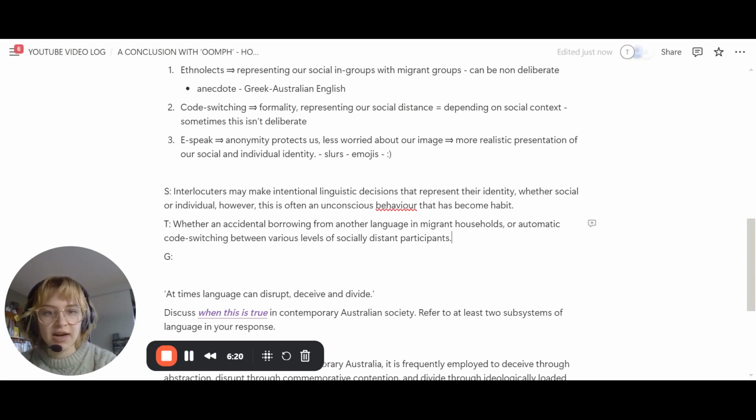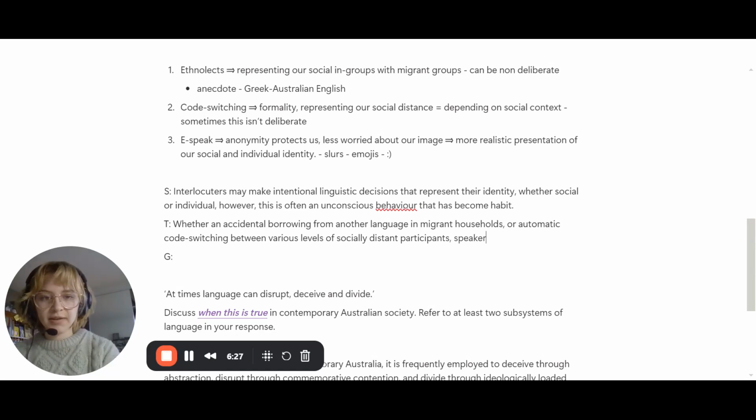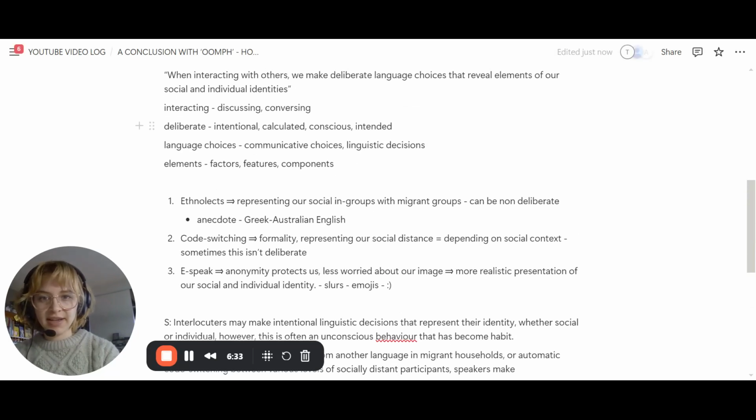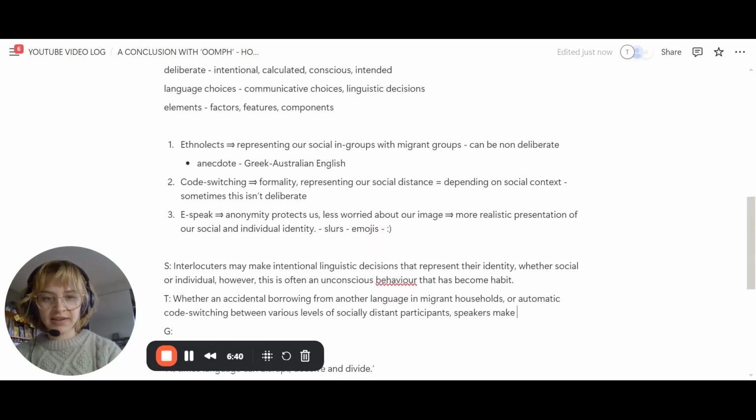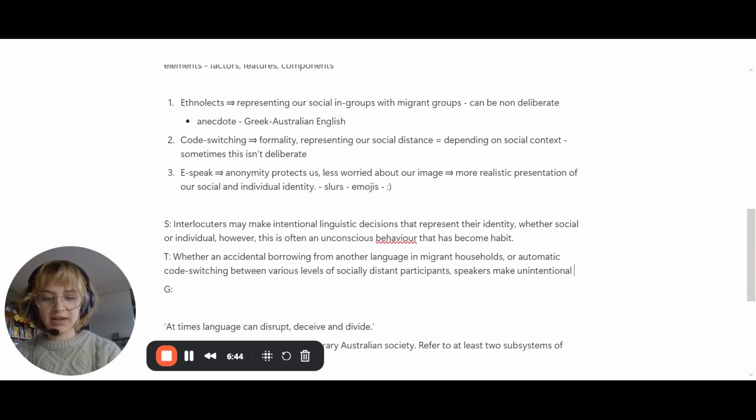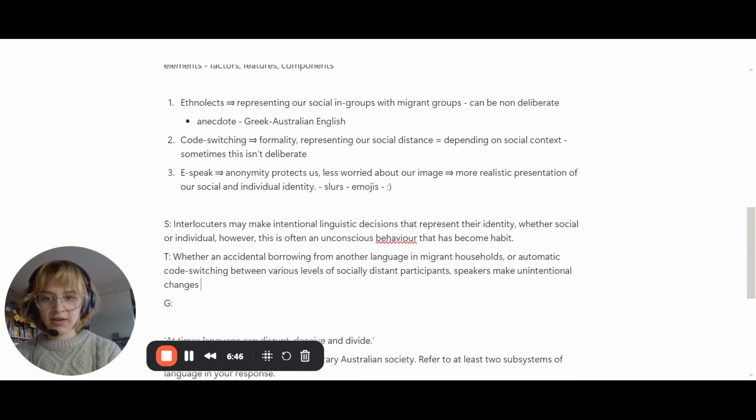So, the last one. Speakers make... Again, I need another example. See how this list is so helpful. Unintended or unintentional changes to fit the context.